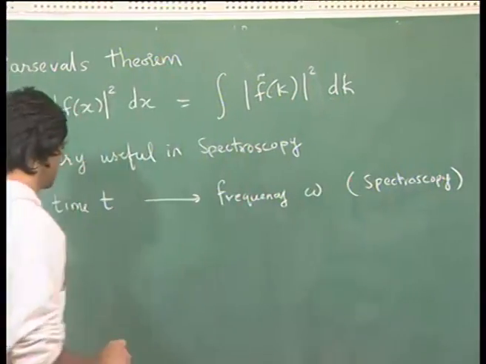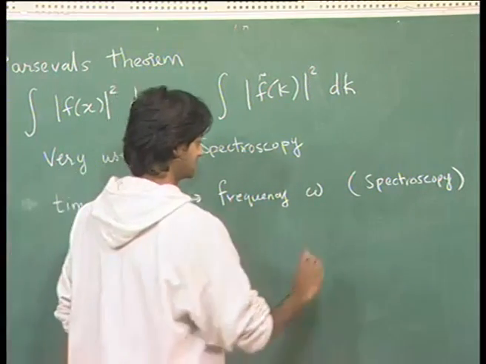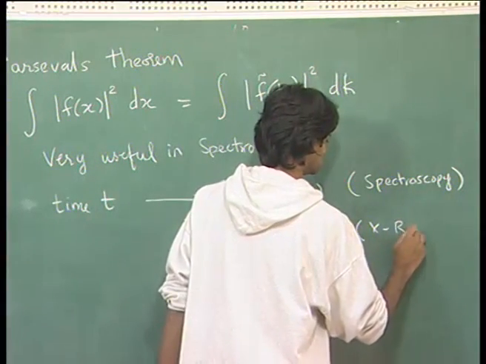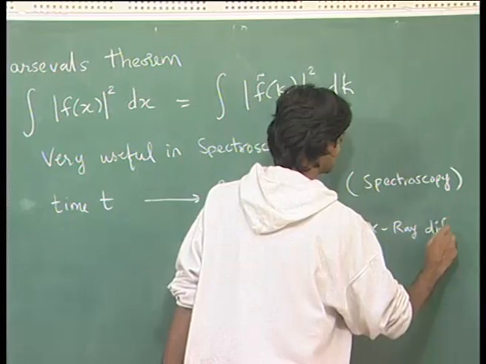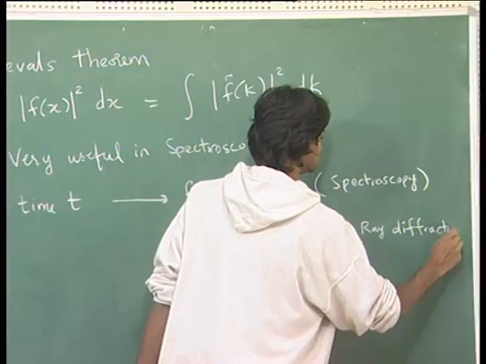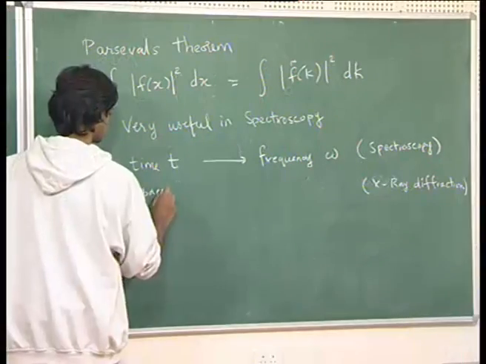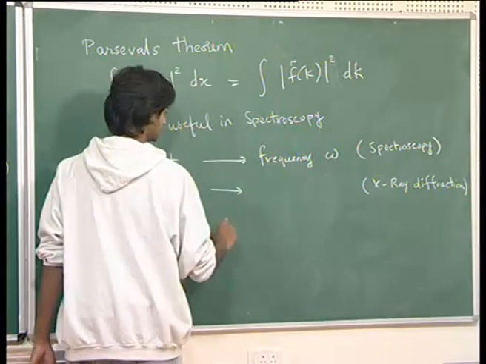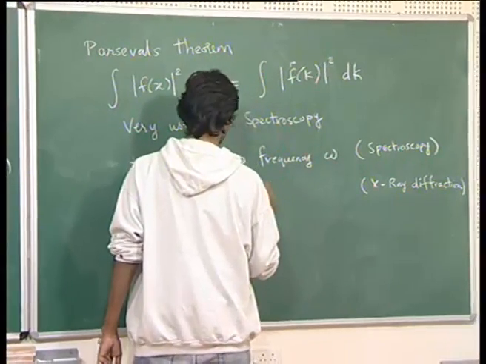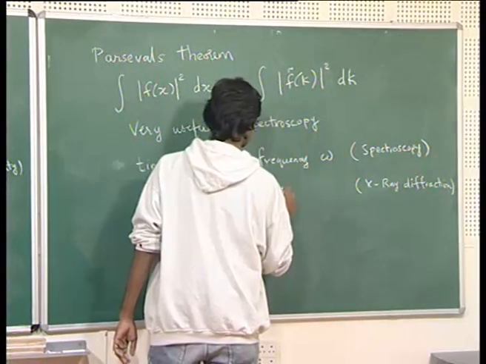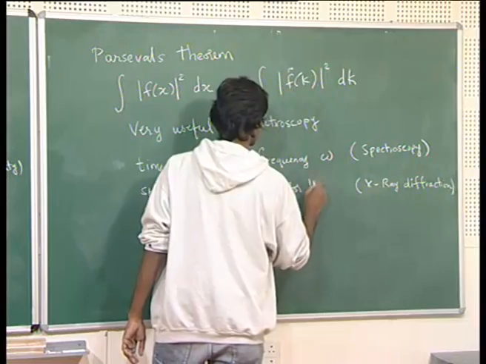Now in X-ray diffraction, you use space r to Fourier space k, the wave vector k.